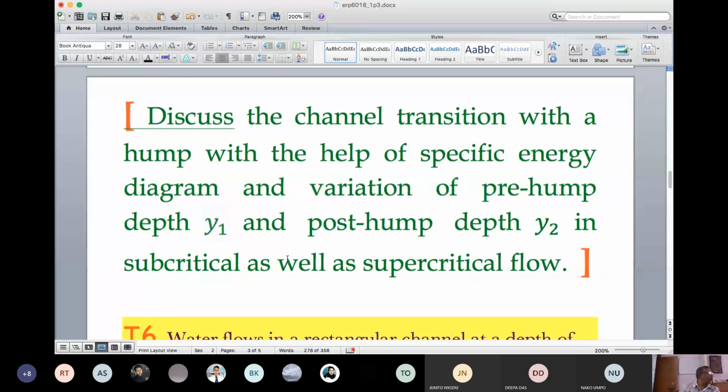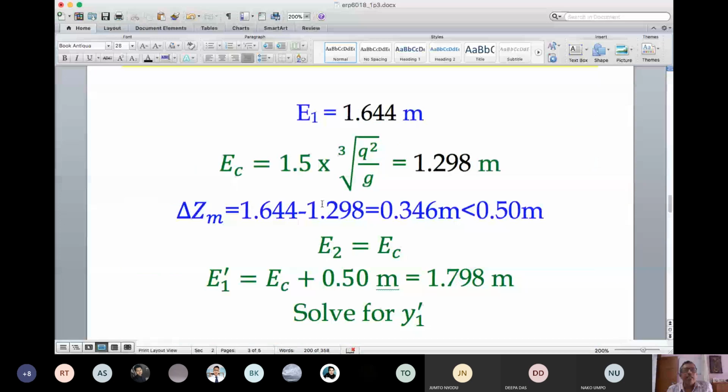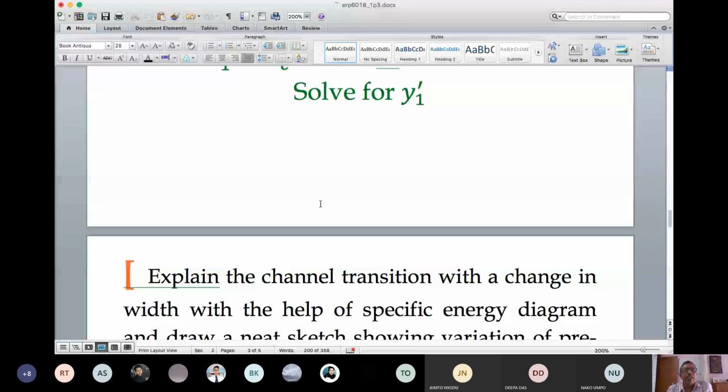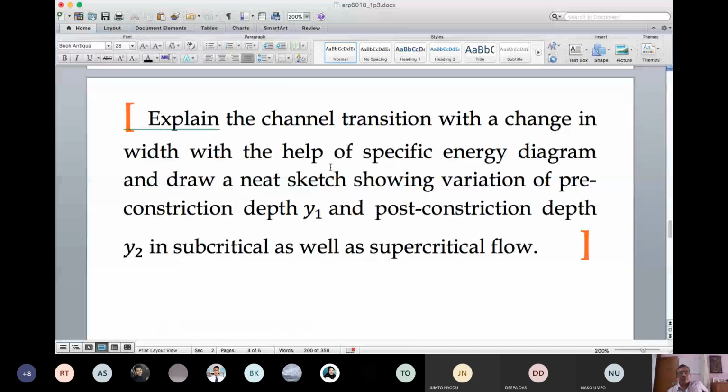And the similar thing will be for the width constriction. Explain the channel transition with a change in width with the help of a specific energy diagram, and draw a neat sketch showing variation of pre-constriction depth y1 and post-constriction depth y2 in subcritical as well as supercritical flow.